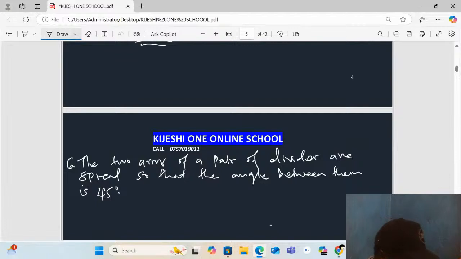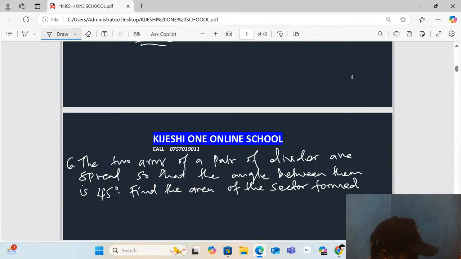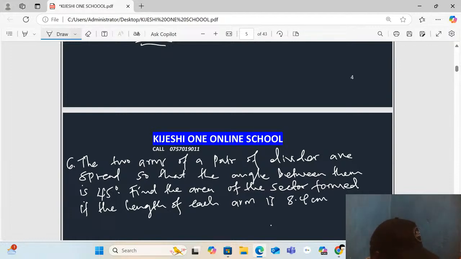Find the area of the sector formed if the length of each arm is 8.4 centimeters. You can take pi to be 22/7.